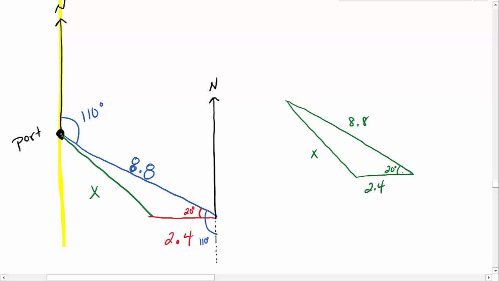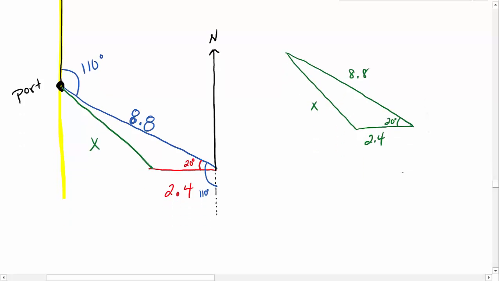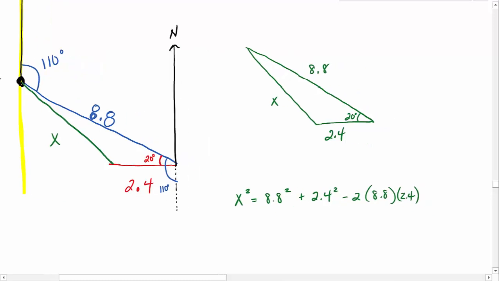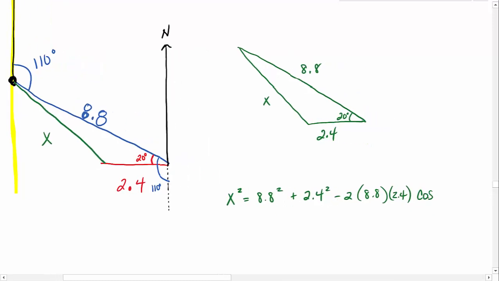All right, so law of cosines. Our side x is directly across from our angle 20, so we'll start with that. x squared equals 8.8 squared plus 2.4 squared minus 2 times 8.8 times 2.4 times cosine of 20 degrees.